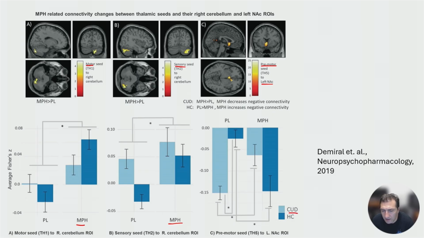As you see, this negativity decreased, and it became like the normal healthy controls' placebo condition. On the other hand, this effect was reversed for the healthy controls, indicating that methylphenidate does not have the same effect on everybody, and depending on the status of the recipient, like ADHD or CUD, these normalization effects may happen.